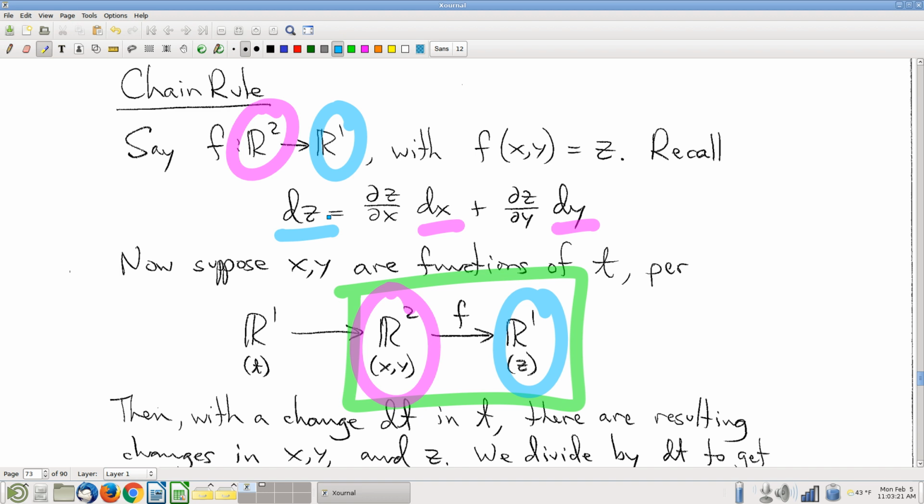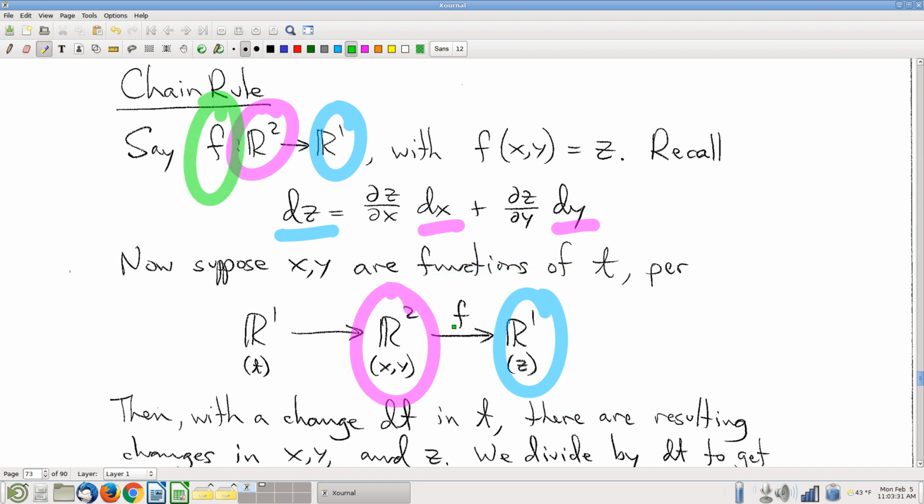So blue is in the target, purple's in the domain, right? And the function has these partial derivatives, right? So the green is allowing you to take the purple input changes and deduce the blue output change.